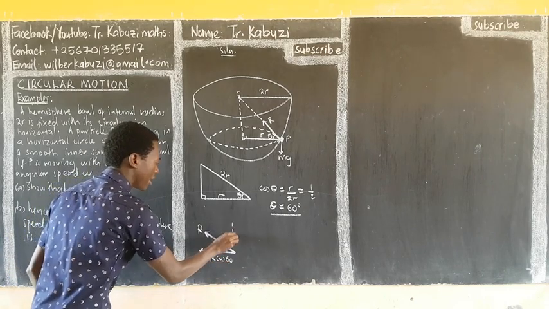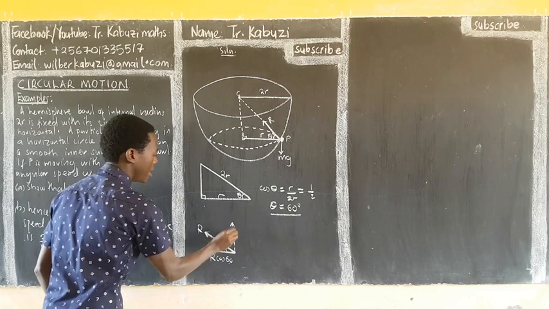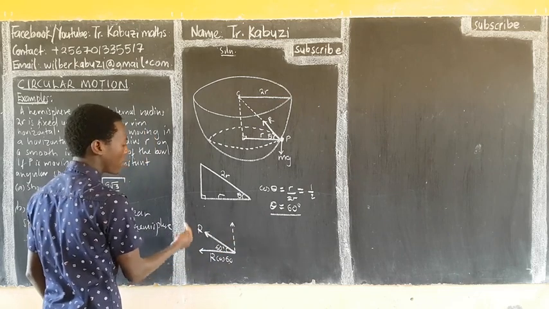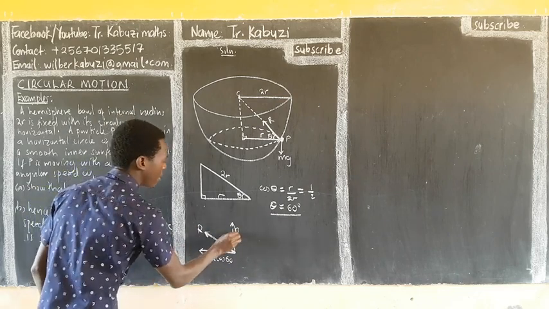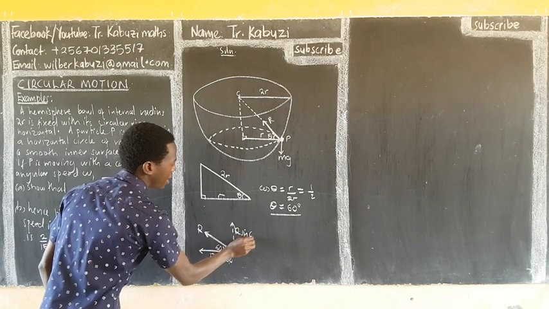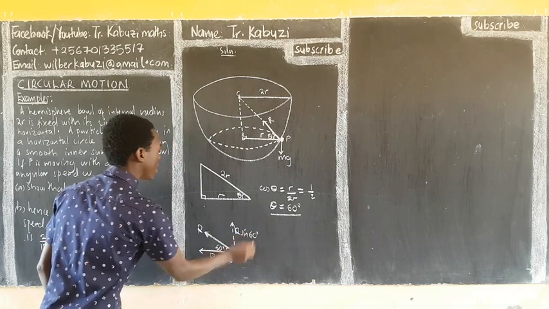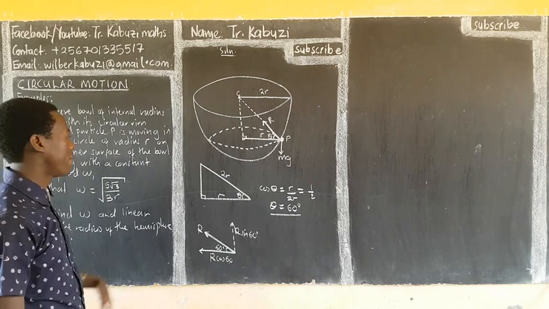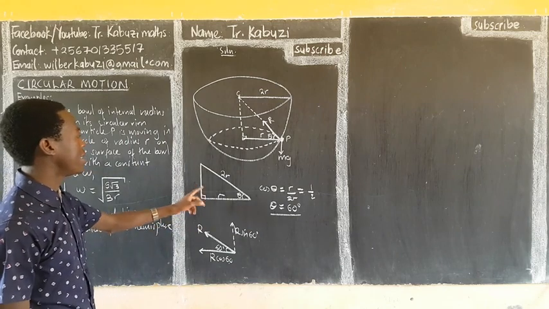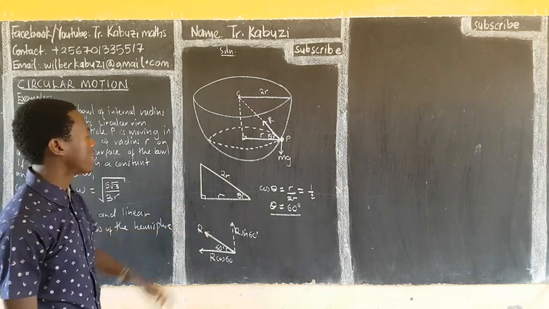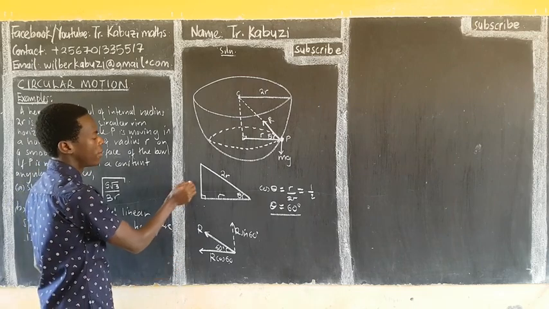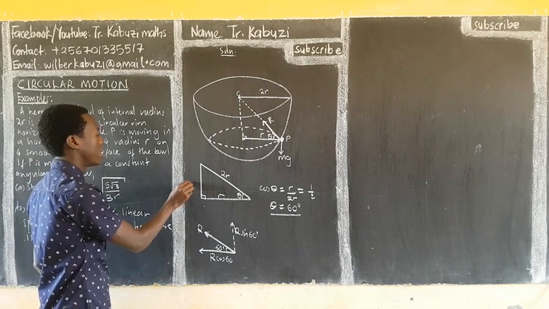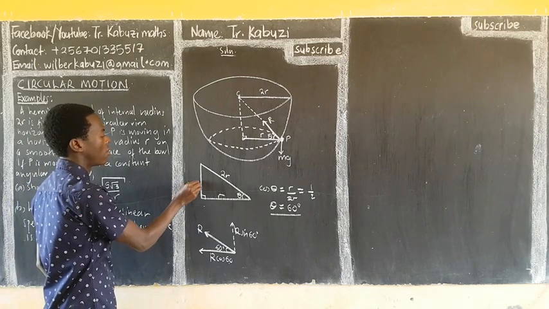Then this one here is going to be the vertical component of R, which is going to be R sine 60. Or if you wanted, you can get this another way, because this is going to be R, this is going to be R root 3.